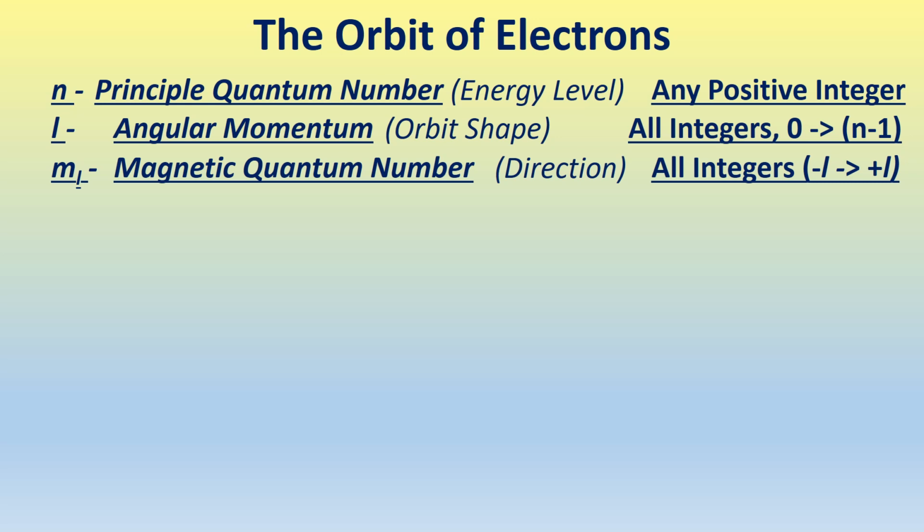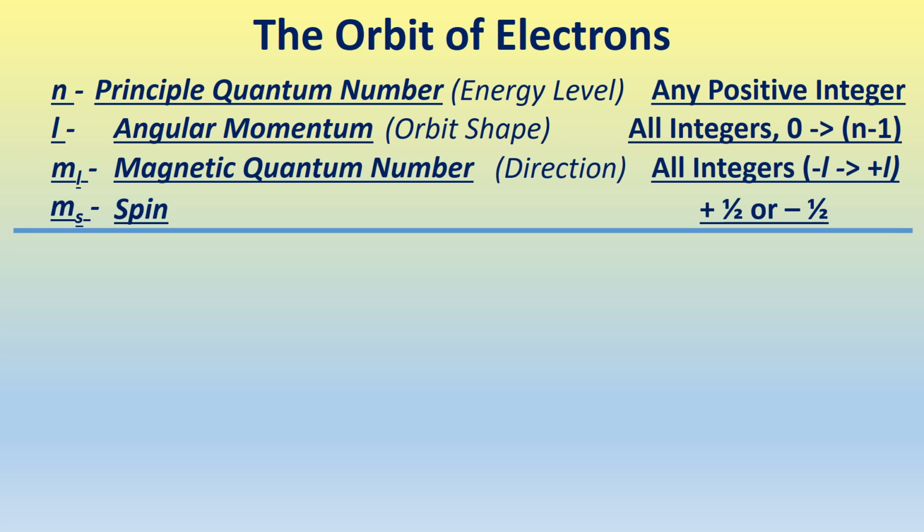M sub L, the magnetic quantum number, tells you what direction, essentially, that electron is orbiting in, and has any integer values from -L to +L. L depends upon n, M sub L depends upon L, and the final quantum number that's available is spin, where M sub S can either be +1/2 or -1/2.